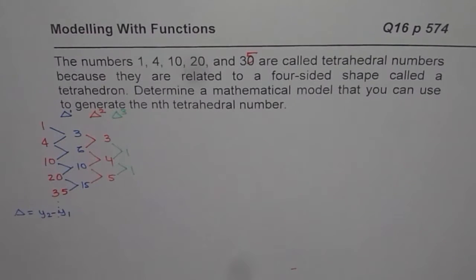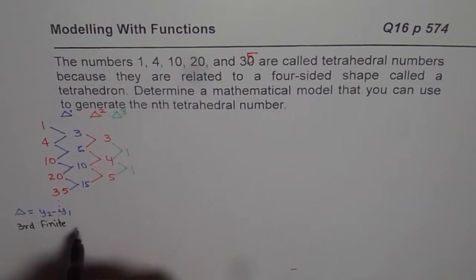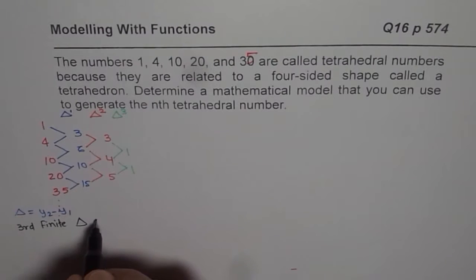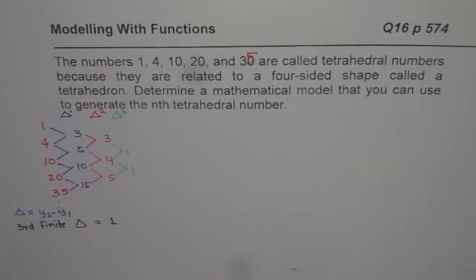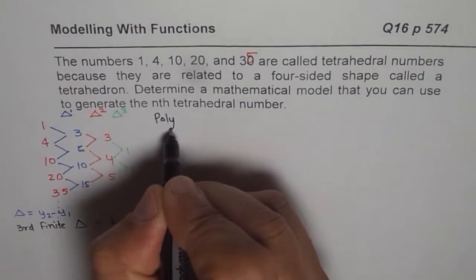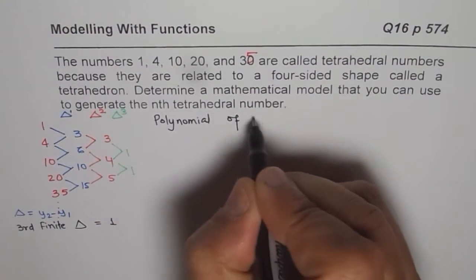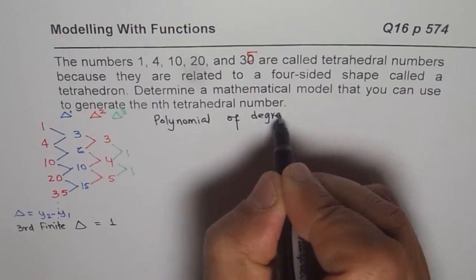So what we figured out here is that the third finite difference is constant, equal to 1. Now if that is the case, then what type of equation do we expect? It means it's a polynomial of degree 3.